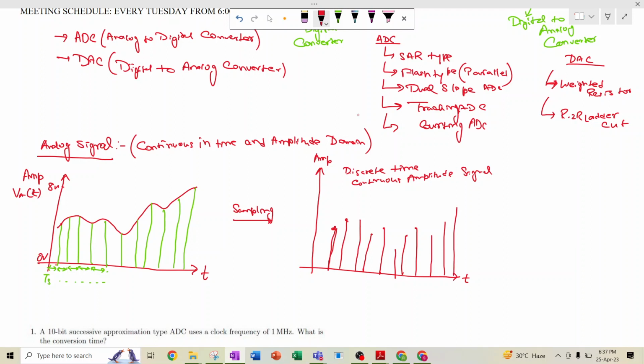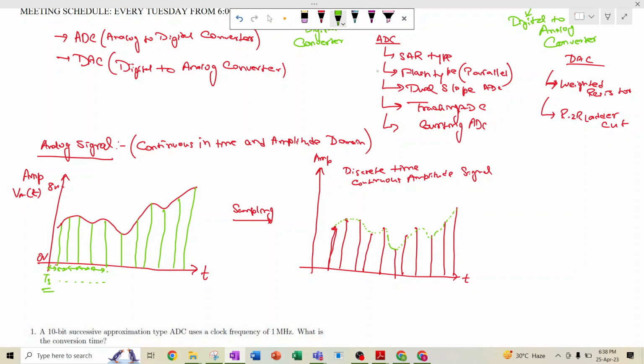The analog signal was like this, as we have already seen, and we sample it at the sampling rate, meaning after each TS time interval, and we get this.